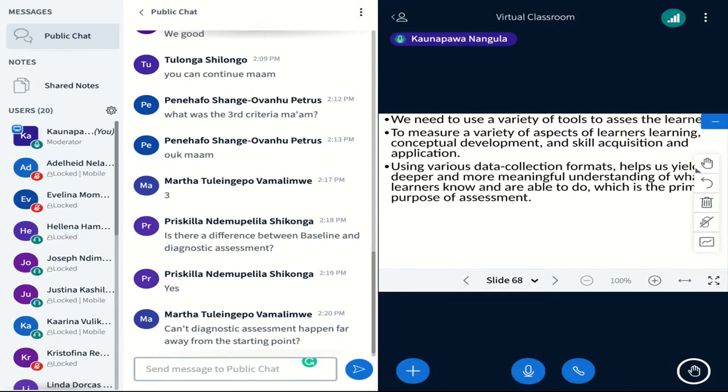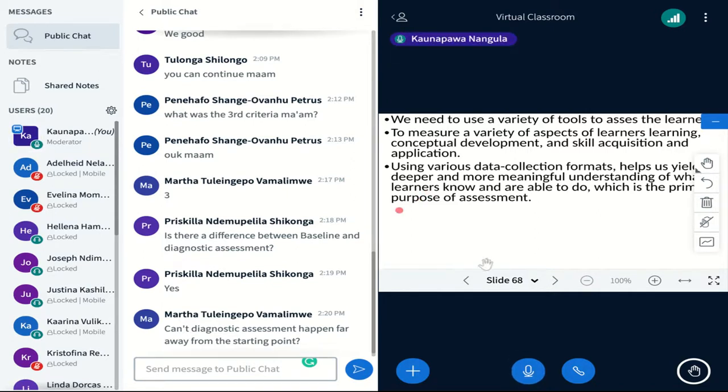And then using various data collection formats also helps us yield a deeper and more meaningful understanding of what the learners know and what they are able to do, which is really the primary purpose. That is the essential purpose of assessment. So that's why we need to use a number of assessments when we are teaching our learners.